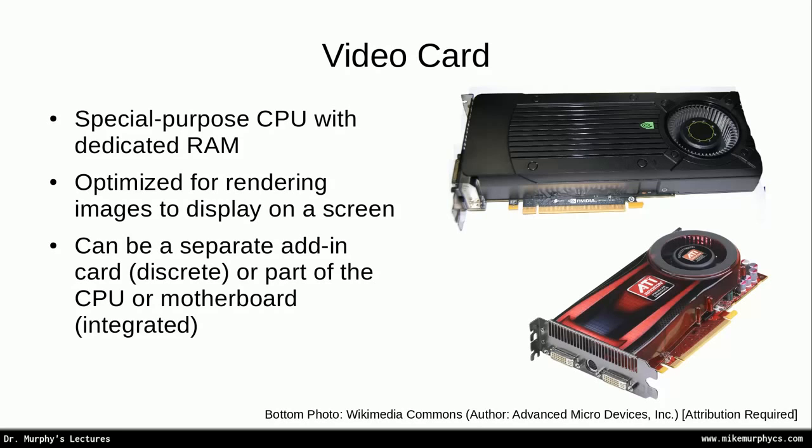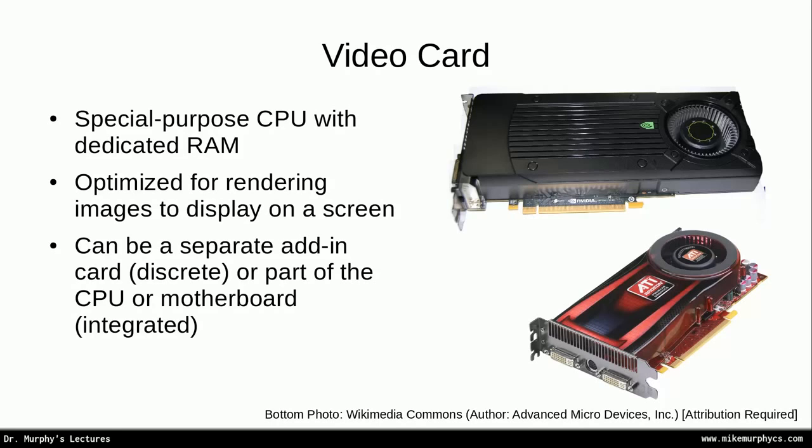It has a special purpose processor on it, and it usually has some dedicated random access memory on it. This special purpose processor is optimized for rendering images to display on a screen. So it's optimized for doing one thing, which is to provide you with good graphics, especially moving graphics that are high resolution and updated quickly, also known as video games.